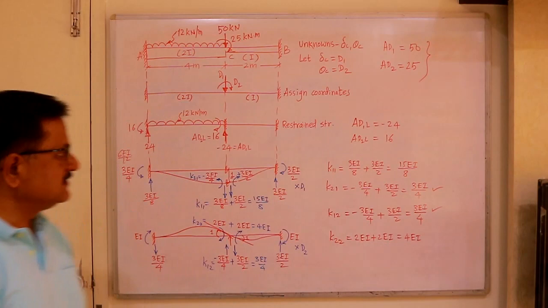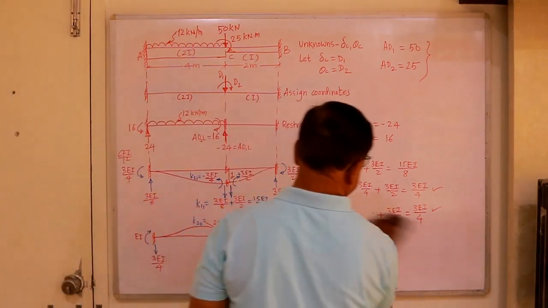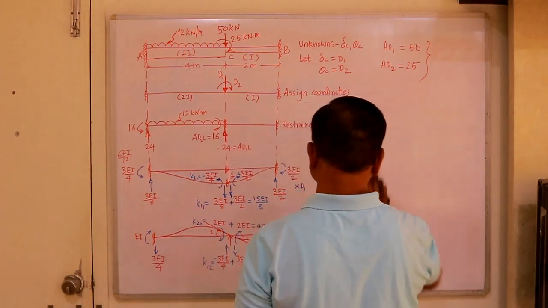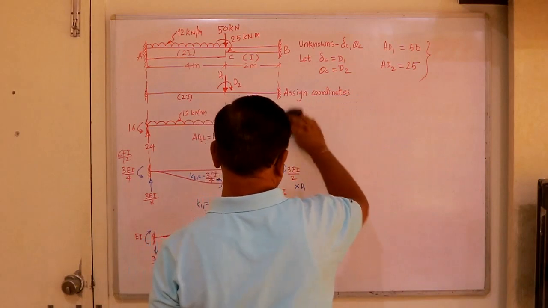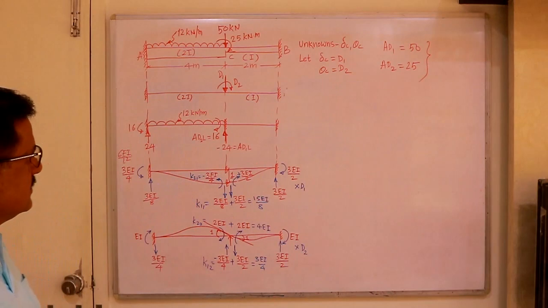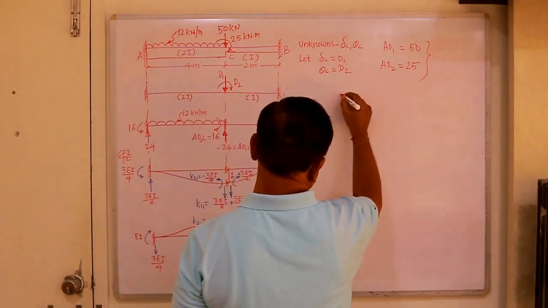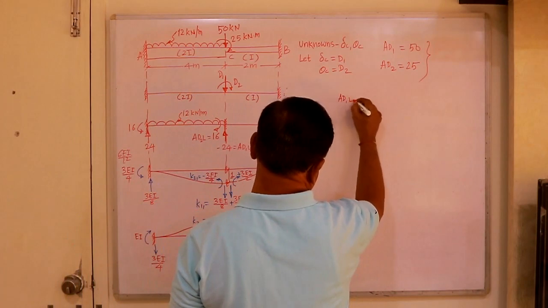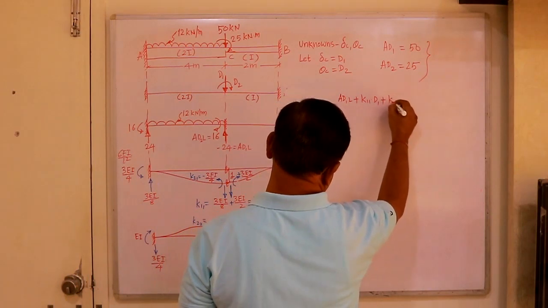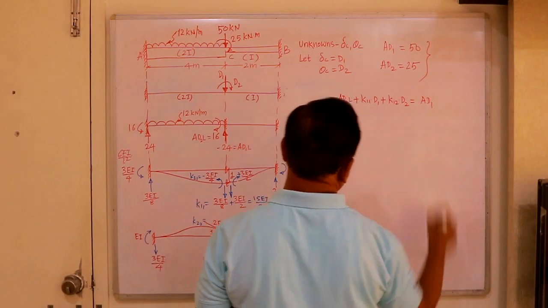Now once we get all these stiffness coefficients and fixed end actions, let's use the joint equilibrium equations and find out the unknowns D1 and D2. So first equation: A D1L plus K11 D1 plus K12 D2 is equal to A D1.